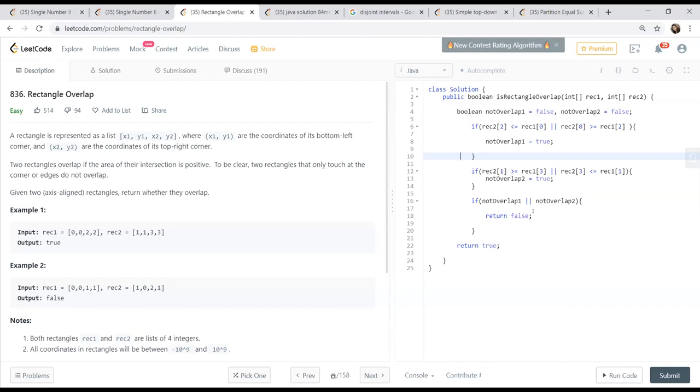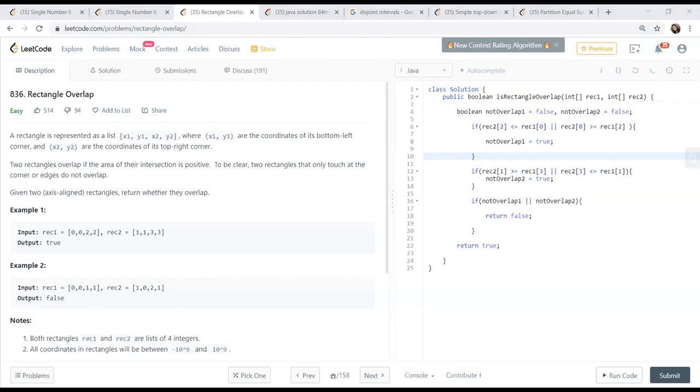One approach that I tried was to find the center of both the rectangles and the distance between them. The distance should be less than the sum of half of the length of one side and half of the other, if they are to overlap on the x-axis.